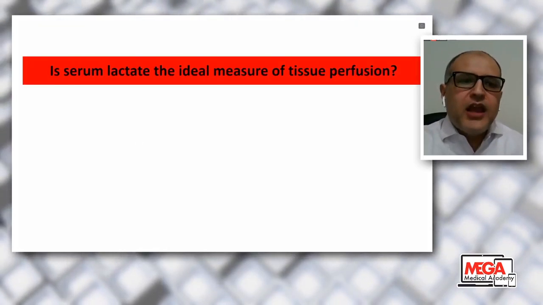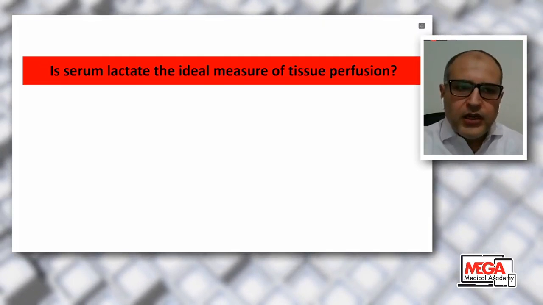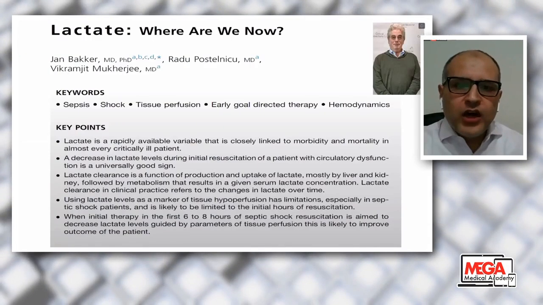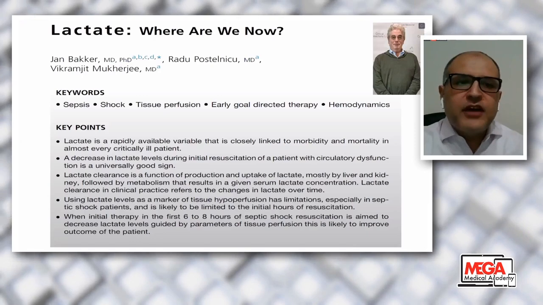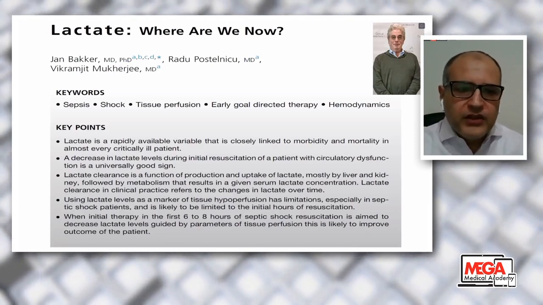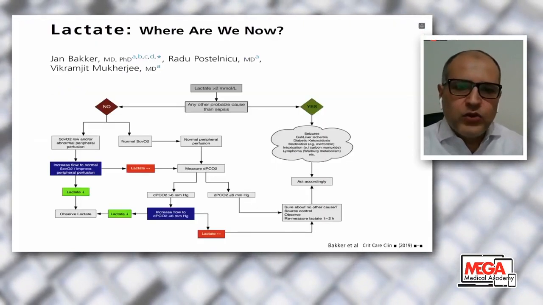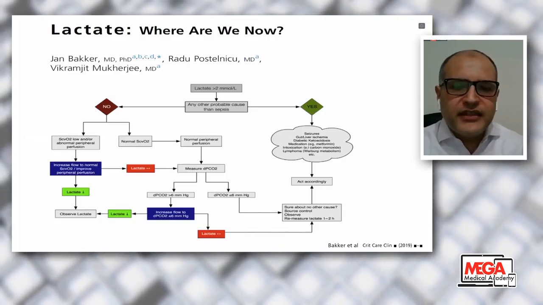Now the question, is serum lactate the ideal measure of tissue perfusion? This was answered in this review article by Jan Bakker, who is a famous scientist in peripheral perfusion. He is from the Netherlands. They put this algorithm which starts with elevated lactate.